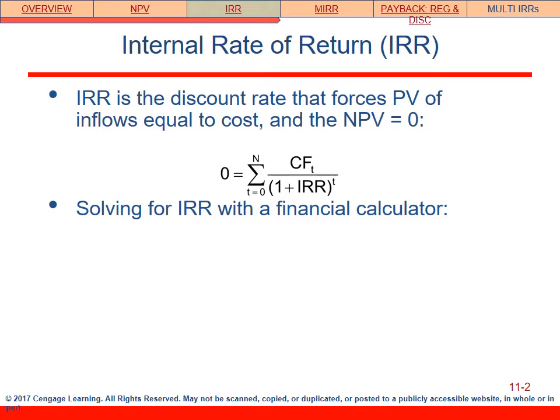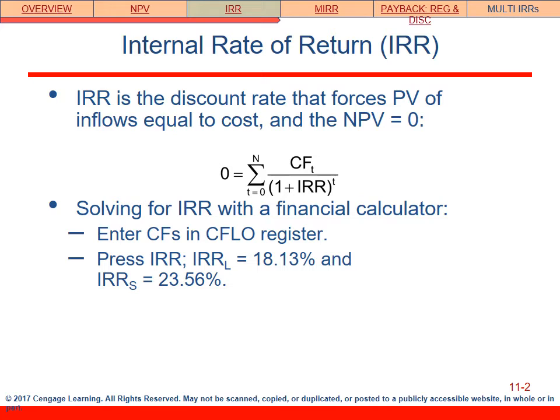So when we solve for internal rate of return using a financial calculator, we're going to enter a project's cash flows in the same manner in which we did when we solved for net present value. But rather than pressing the net present value key after entering our cash flows, we're going to press the internal rate of return button and compute.